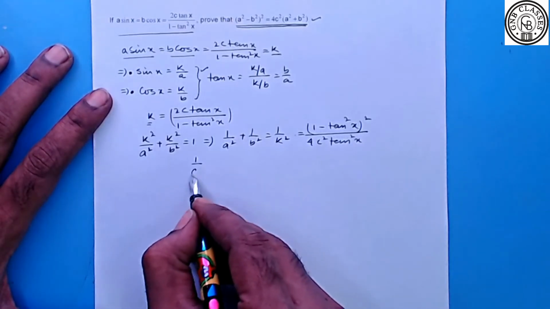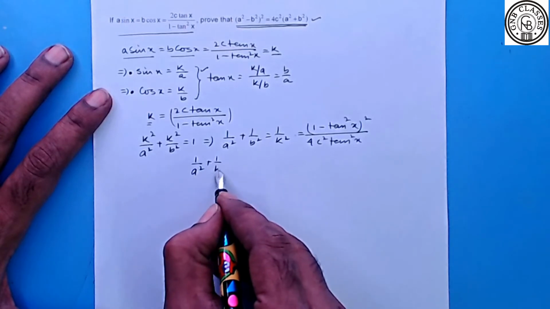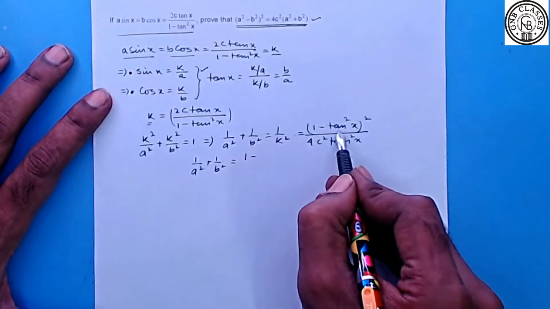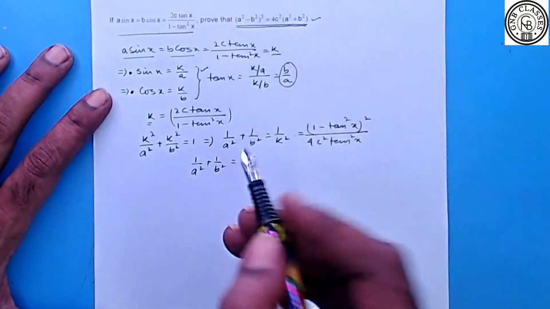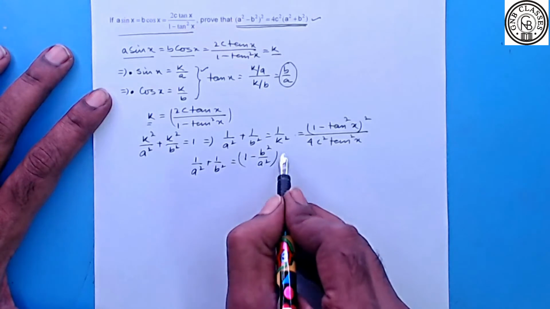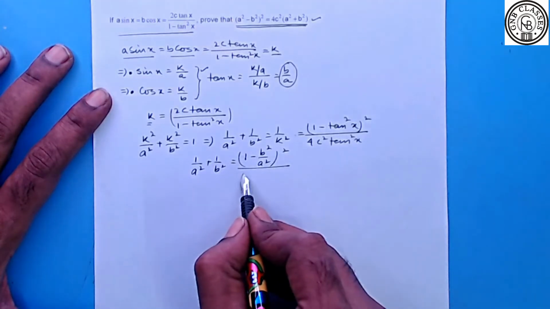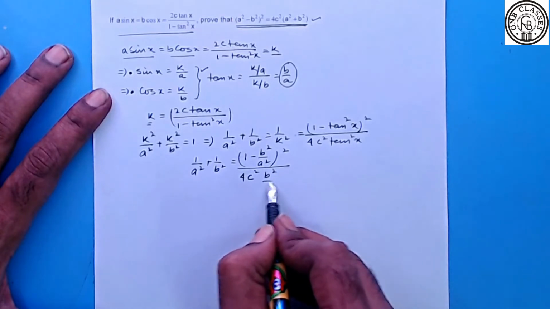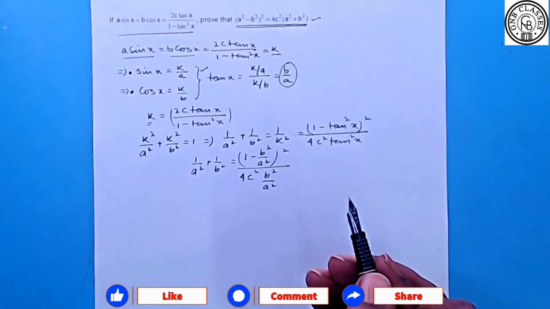So we have 1 by a square plus 1 by b square equals, in place of tan x I am writing b by a, (1 minus b square by a square) whole square divided by 4c square into b square by a square. Is it okay with you?